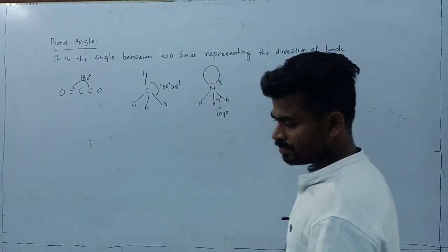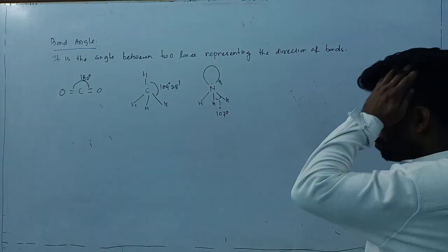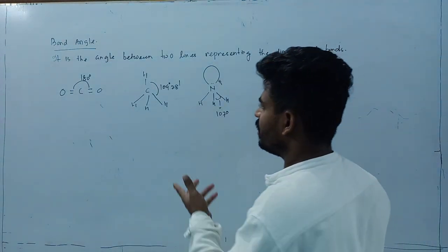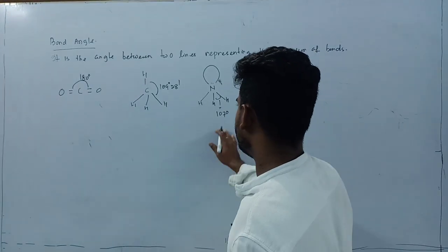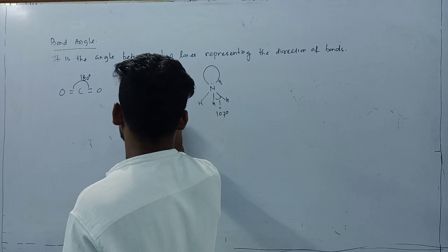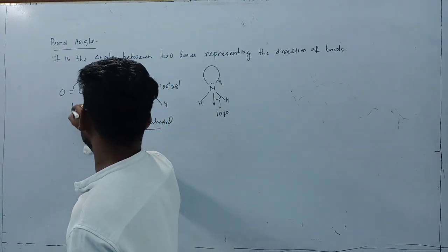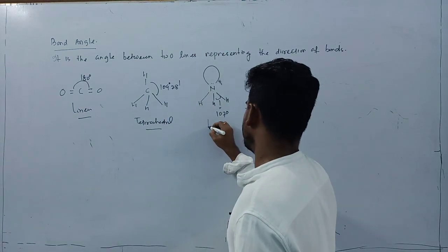Clear? Next, linear is 180 degree, methane is tetrahedral, and ammonia is pyramidal.